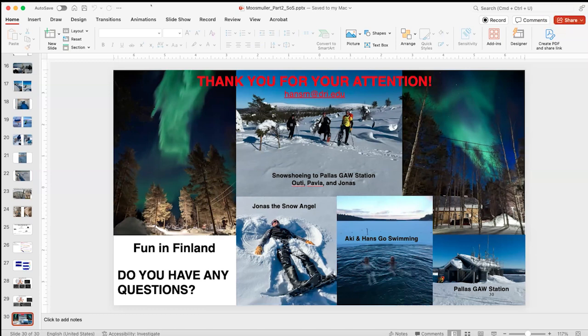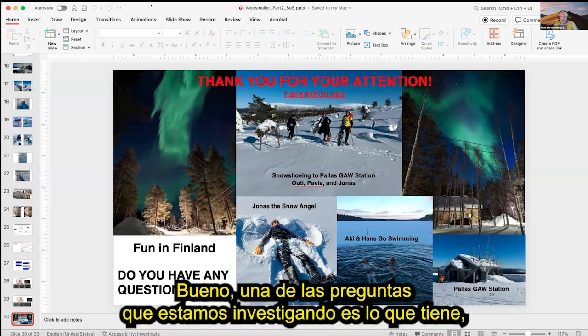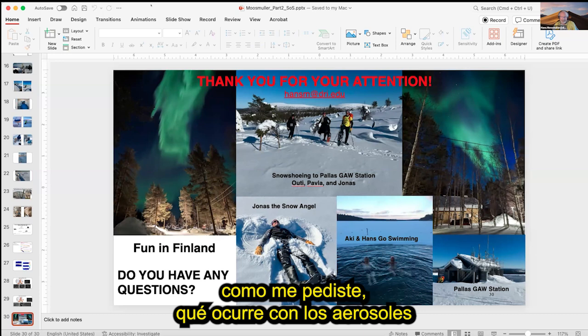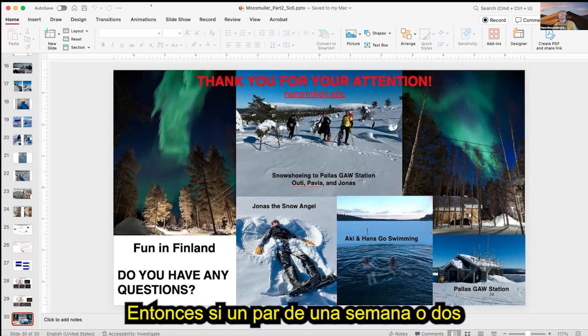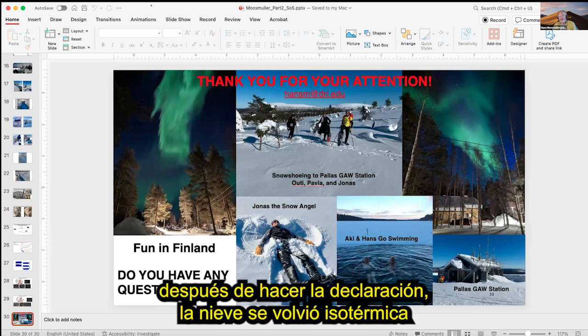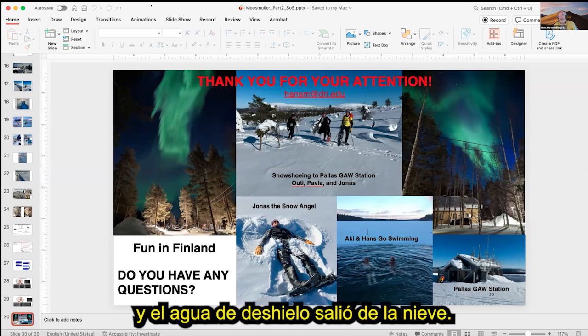Diesel. Yeah. Well, one of the questions we're investigating there is, as you asked, what happens with the aerosols? Initially, they get deposited at or near the surface of the snow. Then a week or 2 after we did the deposition, the snow became isothermal and meltwater went out of the snow.